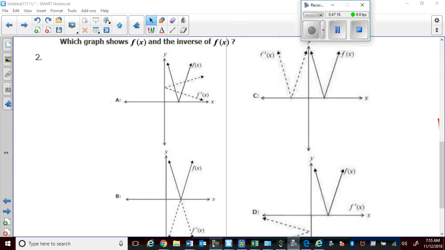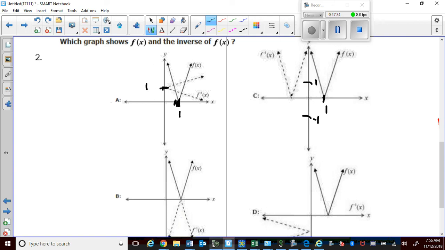So sorry about that. So a good way you could look at this is just kind of figure out some numbers here. So let's say that right here, this is 1. Here's 1. Here's negative 1. And here's negative 1. So I'm just going to show you how I would go about approaching this problem.